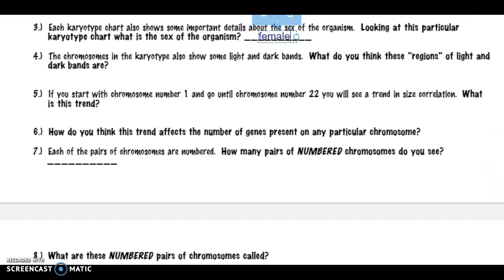Number 4 says the chromosomes in the karyotype also show some light and dark bands. What do you think these regions of light and dark bands are? Okay, well, these are banding patterns that stained at particular proteins or at particular bases.